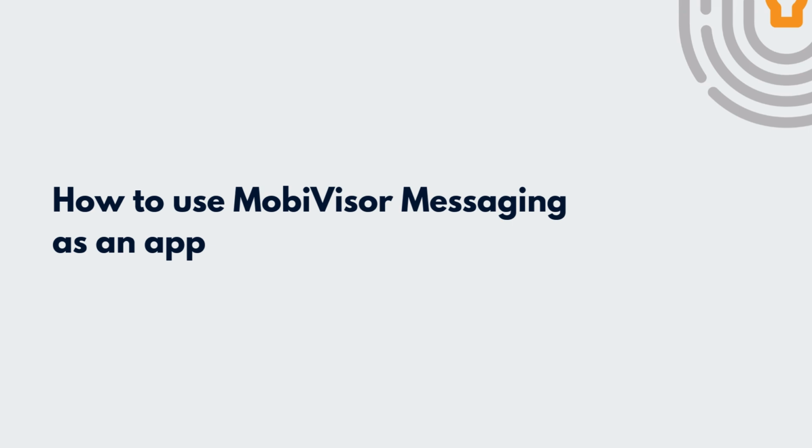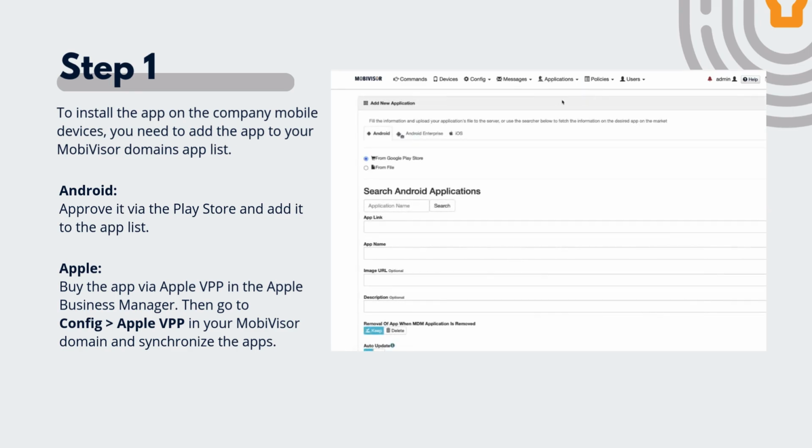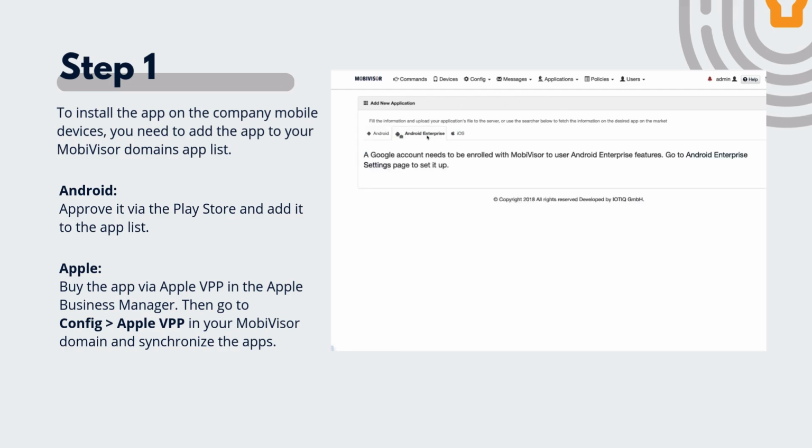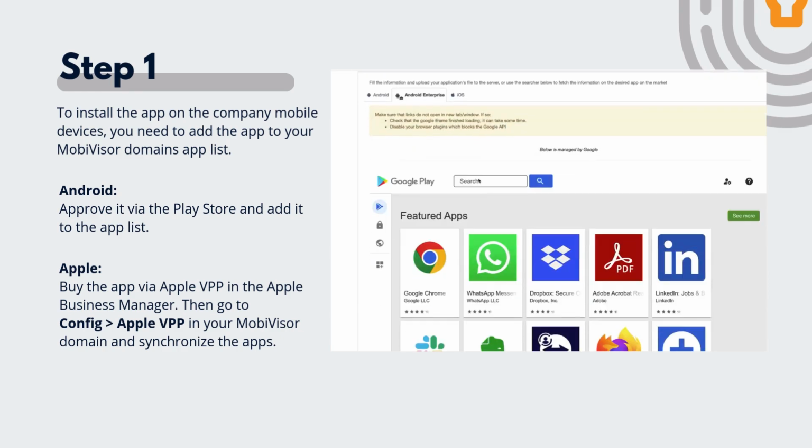How to use MobiVisor Messaging as an app. To install the app on the company mobile devices, you need to add the app to your MobiVisor domain app list. For Android devices, you simply need to go to Applications and Add. Then go to the Android Enterprise tab. Now you need to search for MobiVisor Messaging in the Google Play Store.